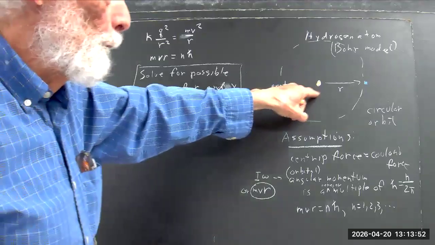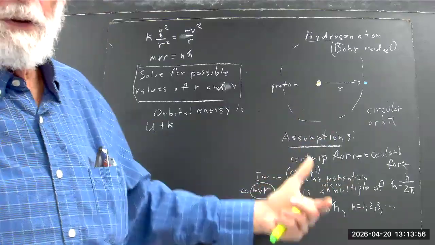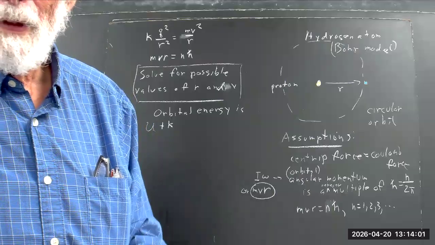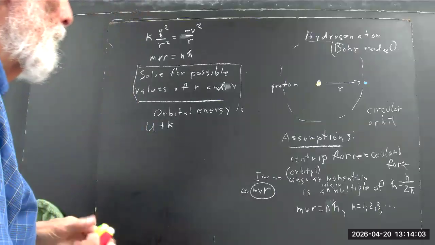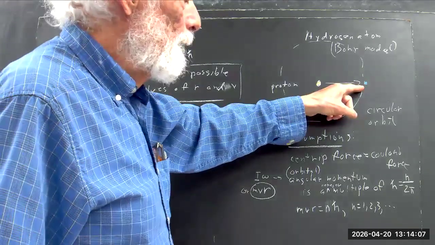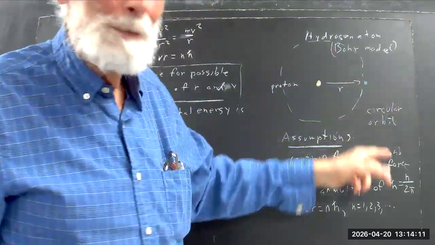The closer you get to the proton, the more negative the energy is. Okay? Which means that the energy out further from the proton is higher.